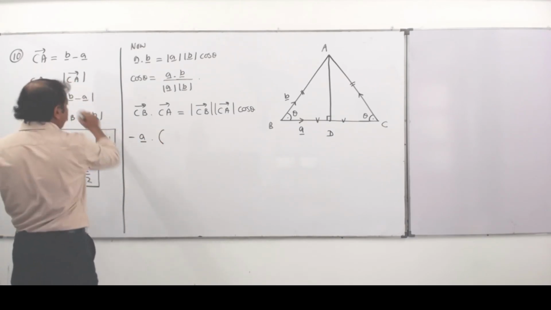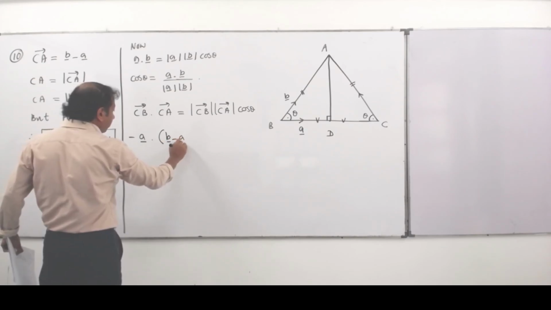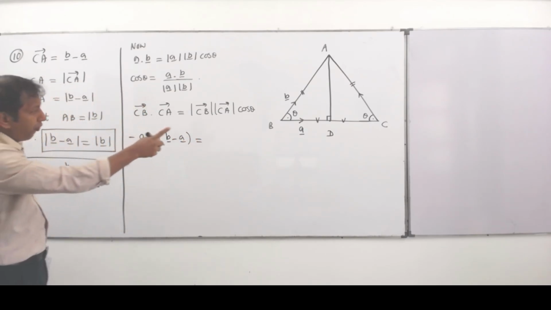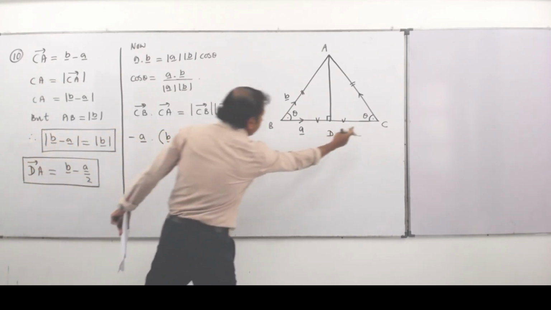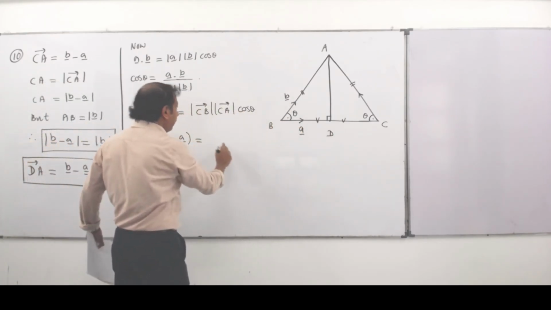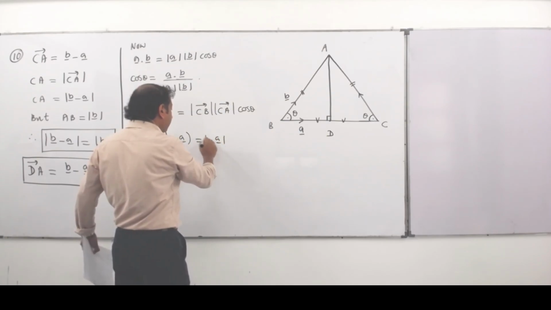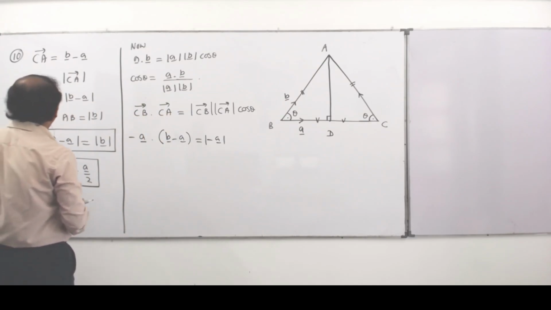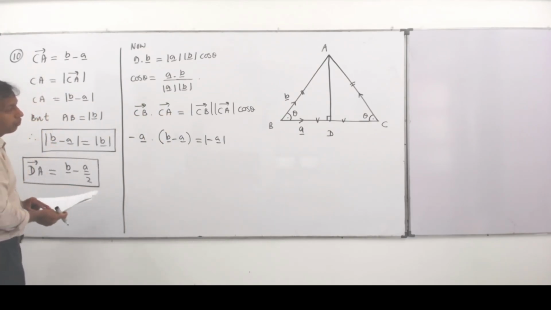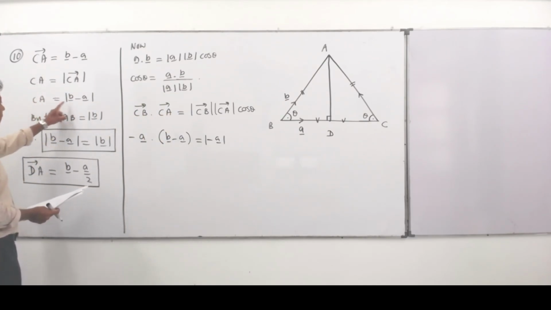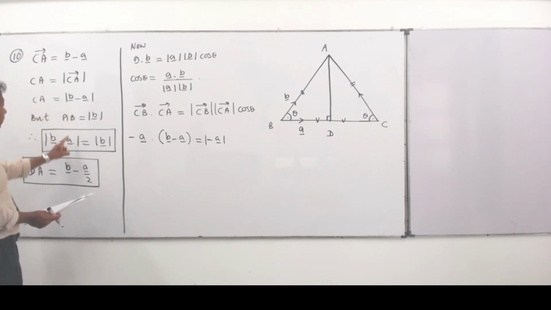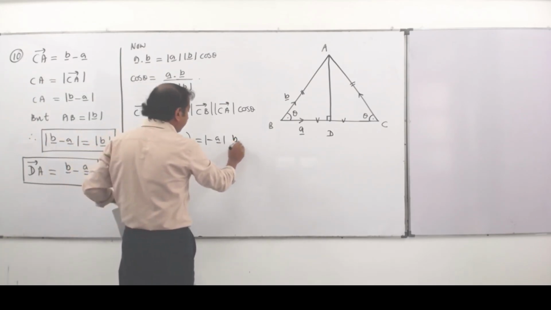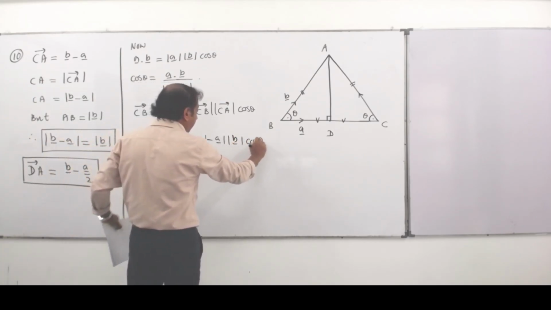CA we found B minus A, is equal to CB vector, meaning this vector, no? It is minus A modulus. Right. People, CA modulus means CA length, this one. But we proved that one is equal to mod B. Cos theta. We got like this.